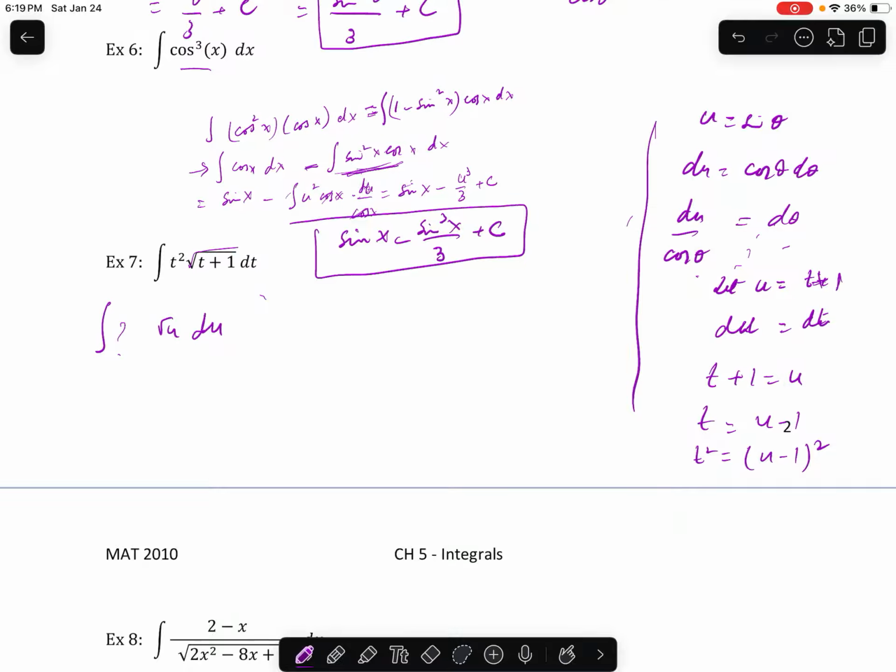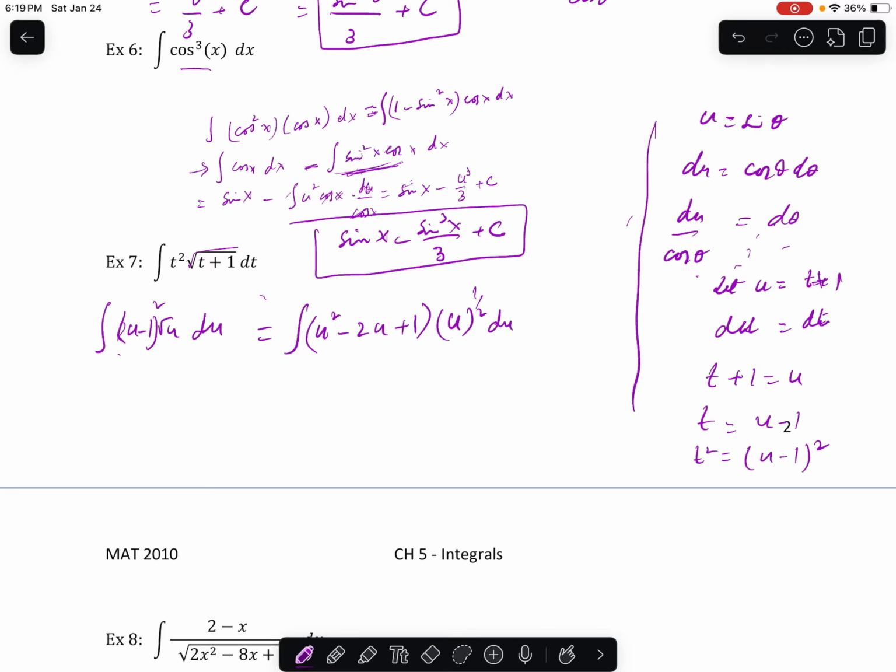Okay, so t squared is u minus 1 whole squared, which will give us u squared minus 2u plus 1, and then multiply by square root of u, or u to the 1/2 power, du.